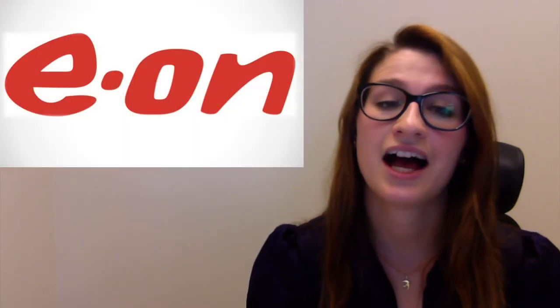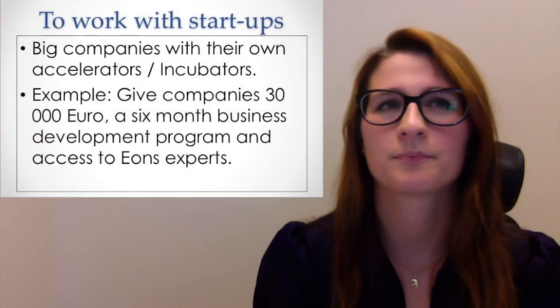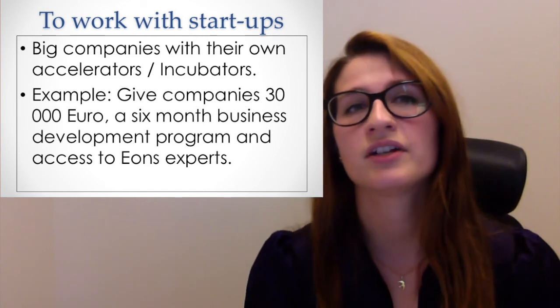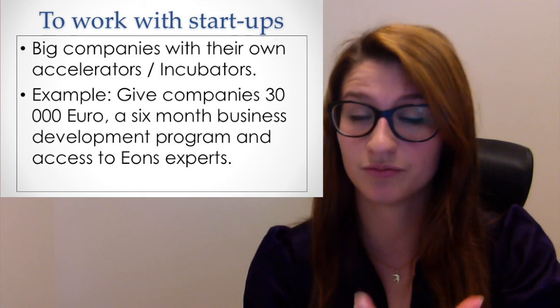One way for big firms to try to be more innovative and more creative is to work with startups. One example is E.ON. They have their own accelerator or incubator. An incubator is an organization that helps startups with what they need in order to grow into bigger companies.